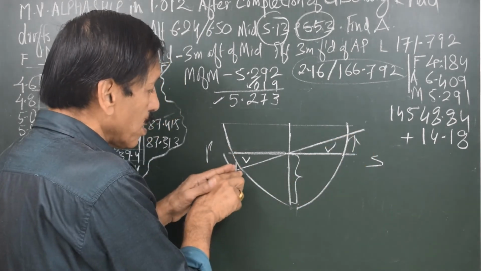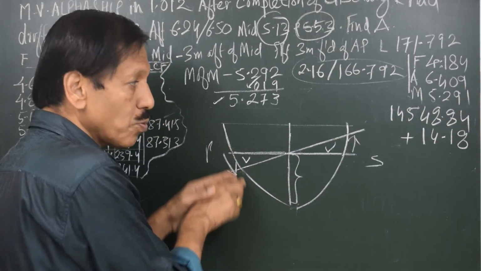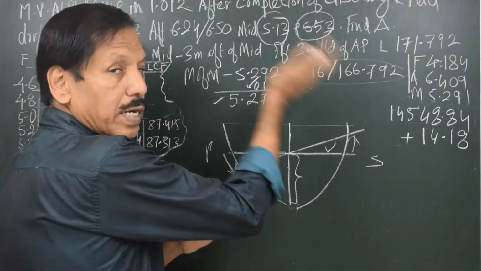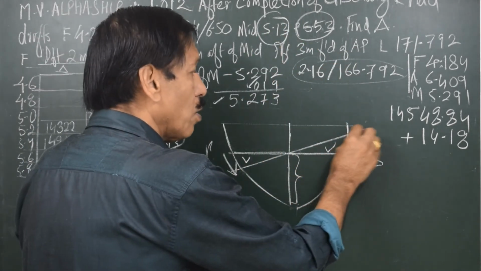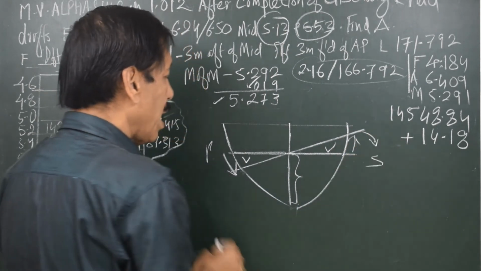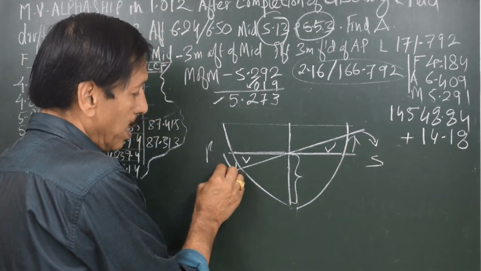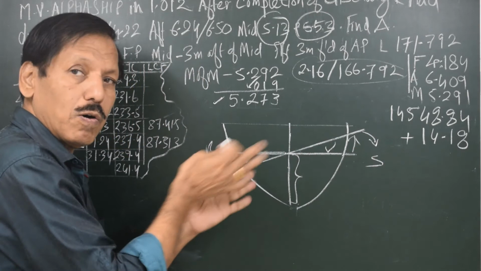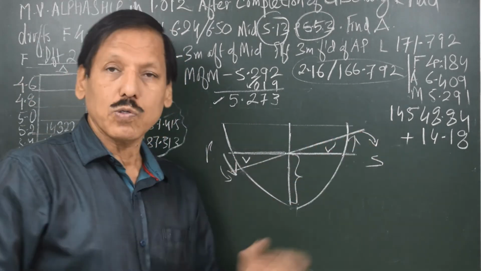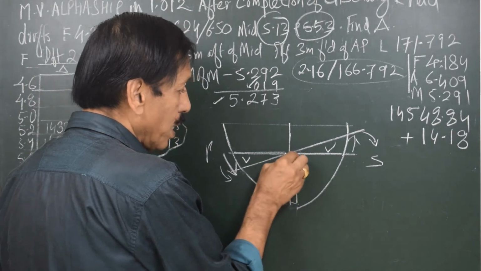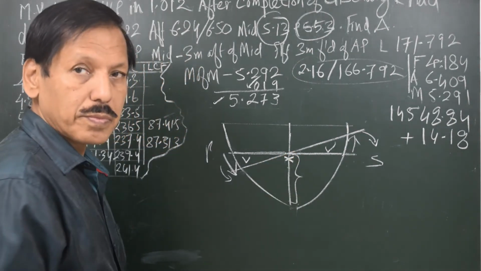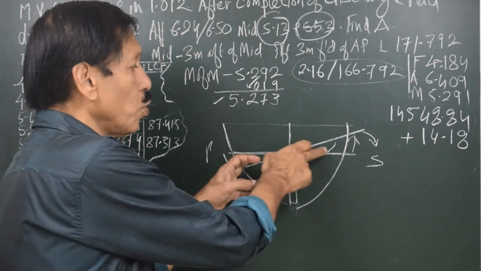Now this waterline submersion here is more than the waterline raise on the other side, which means that on this side also we are reading a lower draft and on this side also we are reading a lower draft, and the mean of the two drafts is going to take us to a draft that is lower than the actual draft. Once again, the two volumes are equal.